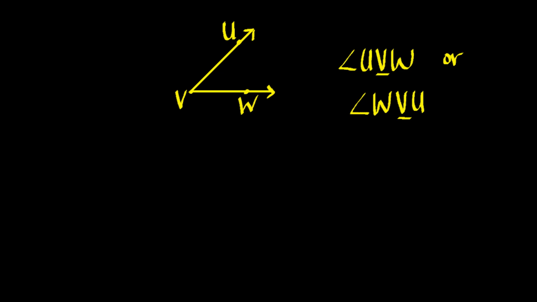Sometimes they may even name this angle angle V because that's the only angle in our drawing that has a vertex at V. However, if there were multiple angles drawn at that same vertex, we would definitely need to use this 3-letter naming strategy. Let's look at another example.